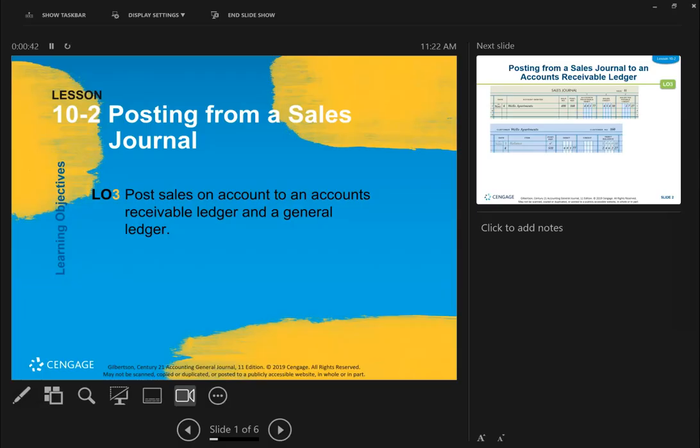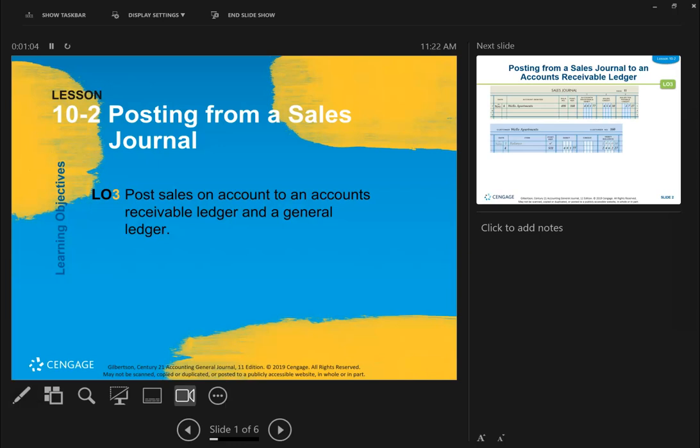Here in chapter 10, we're recording the other end: the money coming into the business by customers paying for things. It's like the sales side as opposed to the purchasing side.